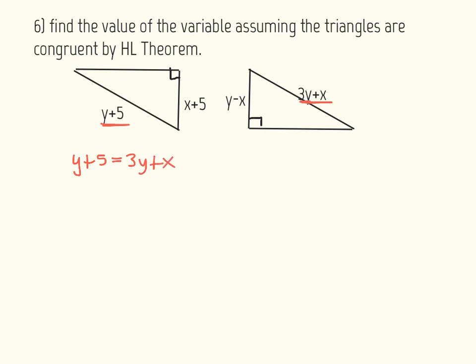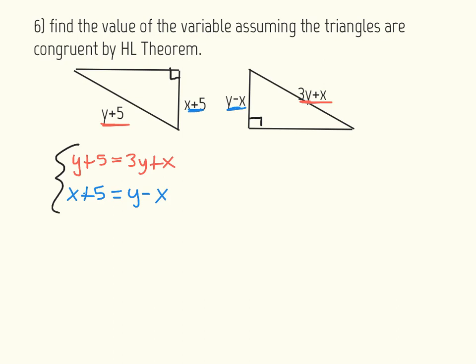I also know that my legs have to be congruent. So I have x plus 5 equals y minus x. Okay, so this is a system of equations that we have to solve. This is going back to algebra.